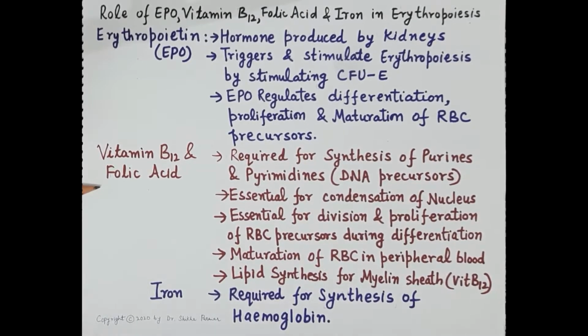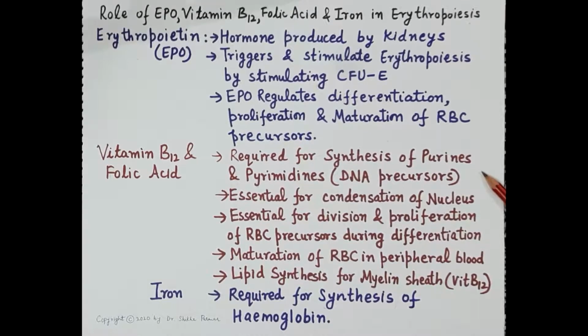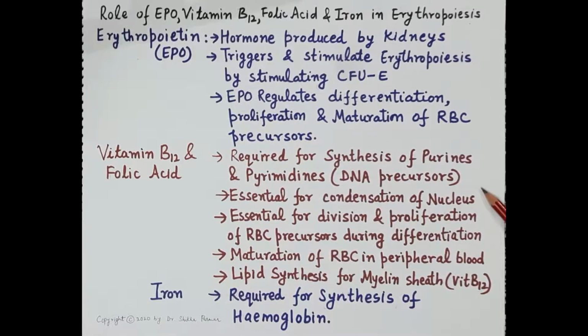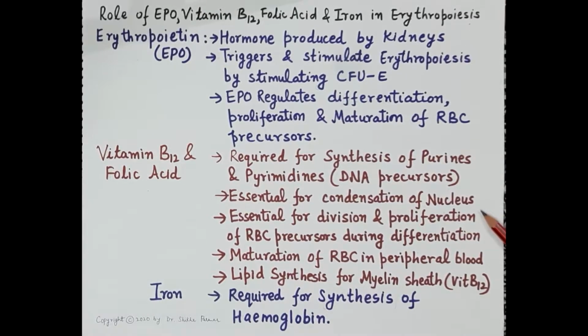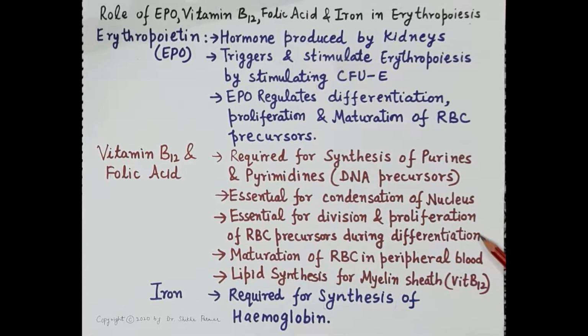They are required for the synthesis of purines and pyrimidines, which are the DNA precursors. They are essential for the condensation of the nucleus, and for the division and proliferation of RBC precursors during differentiation. They are very essential for the maturation of RBC, that is the transformation of reticulocyte to erythrocyte in the peripheral blood.